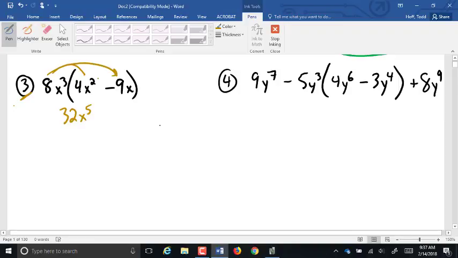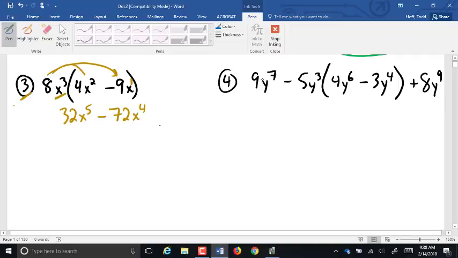And 8x to the 3rd times a negative 9x. Perfect, negative 72x to the 4th. 8 times negative 9 is negative 72. X to the 3rd times x, we think of that as x to the 1, becomes x to the 4th.